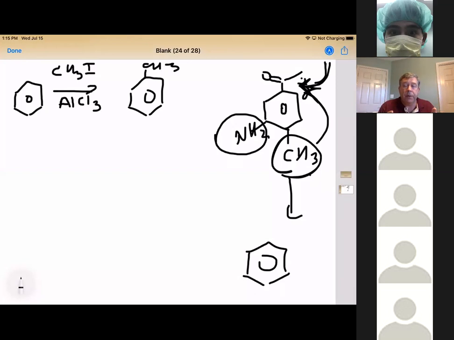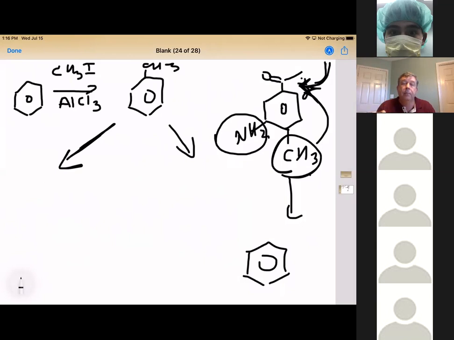So the next thing we want to do is use that ortho-para direction of that methyl group to help us put one of those two other groups on. Okay, so we can either put the amine on by adding a nitro group, or we can put the acyl group on by doing the Friedel-Crafts acylation. Now we know that if we had that free amine, we can't do the Friedel-Crafts acylation.